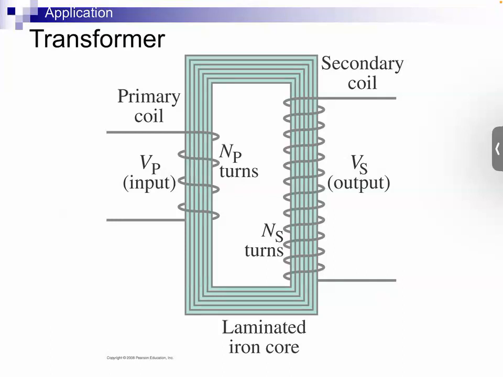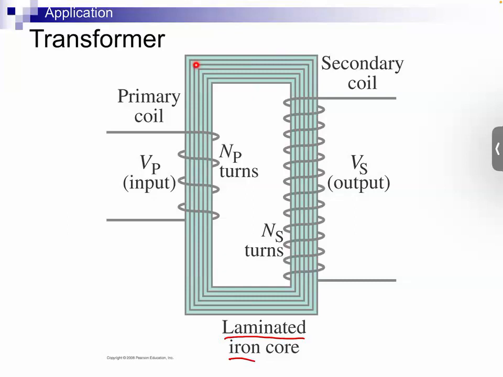So in a transformer, you have this core. This core usually is made up of iron, because we've seen from the last lecture that iron increases the magnetic field because it's ferromagnetic. Usually the iron is laminated to reduce losses of energy.